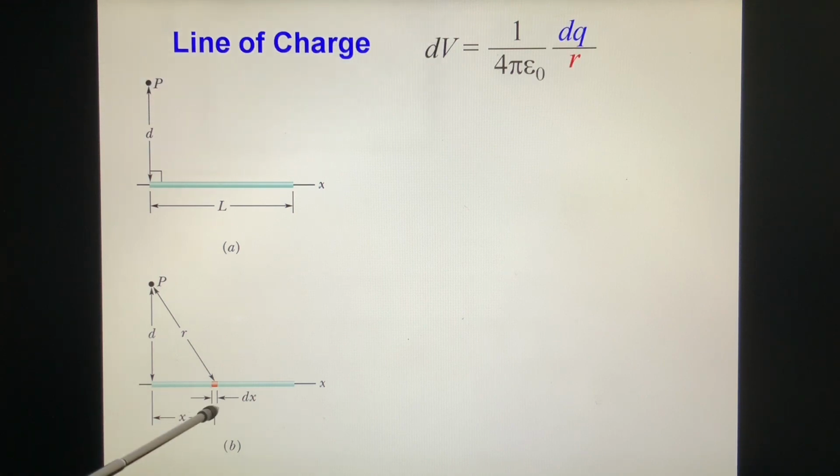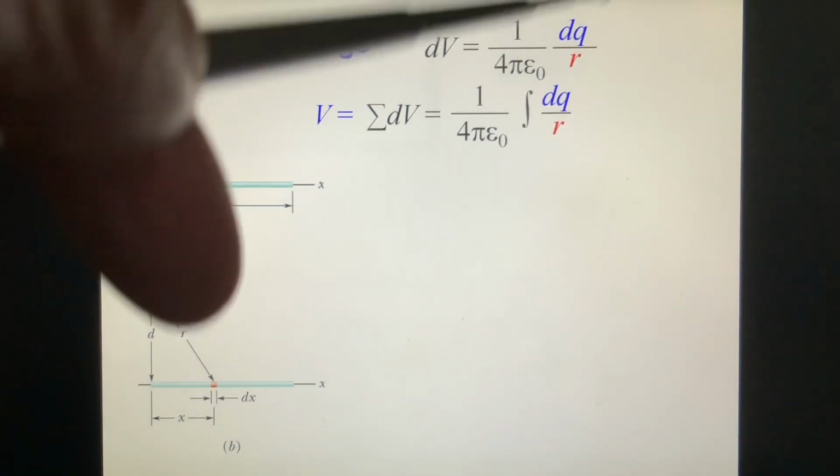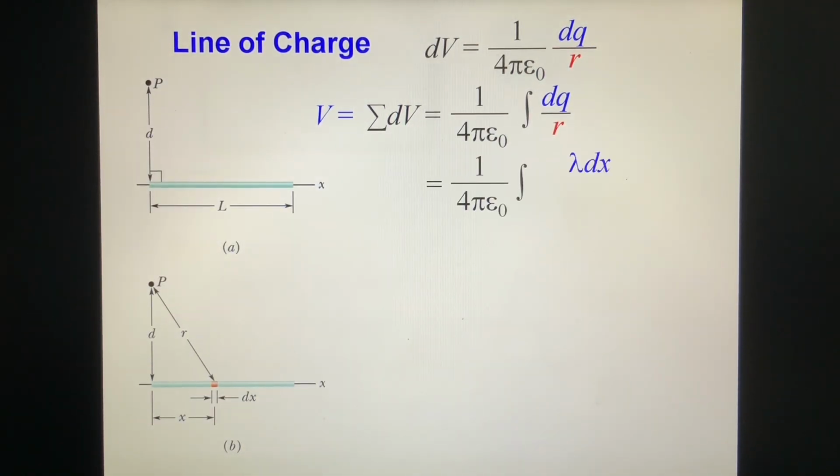This dq produces dV at point P equal to this. Now we see the R. R is equal to the square root of d squared plus x squared. So V equals the total integration of dV. We put this inside: dq is lambda dx, where lambda is the linear density, the charge per unit length.